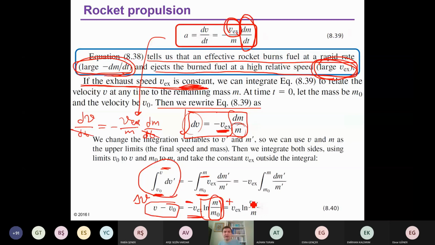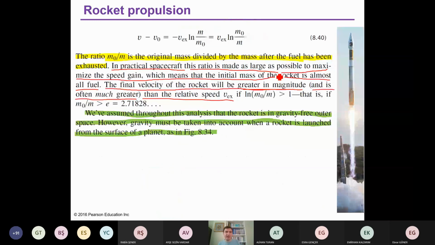So now we have this expression, and let me introduce what is the meaning of this expression in rocket propulsion applications. This is the final transparency of this part. So here we have m0 over m, this in the ln, okay? The ratio m0 over m is the original mass divided by the mass after the fuel has been exhausted.